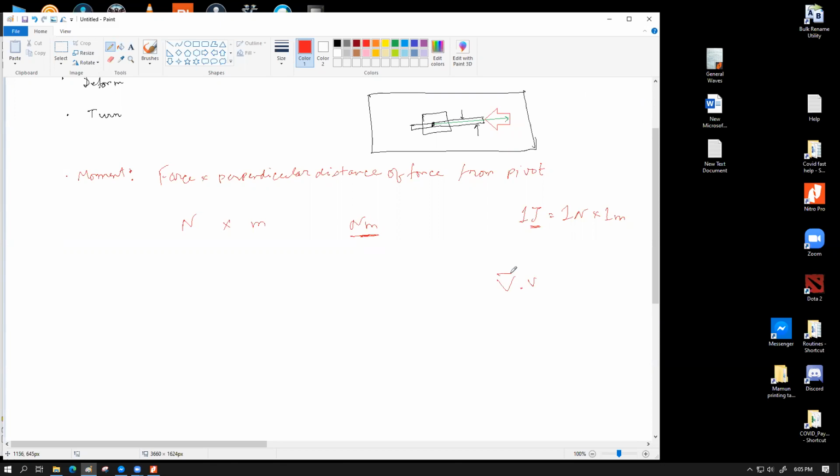This is what work is about. Work is a scalar quantity coming from the product of force and displacement. But the multiplication we do to define work is a scalar or dot multiplication, whereas cross multiplication gives us another vector quantity, which in this case is the moment.